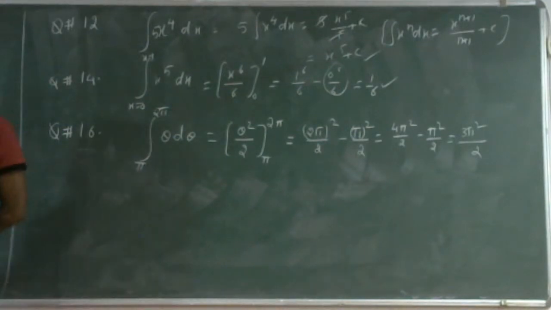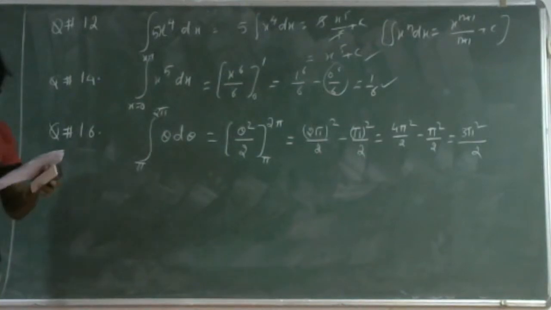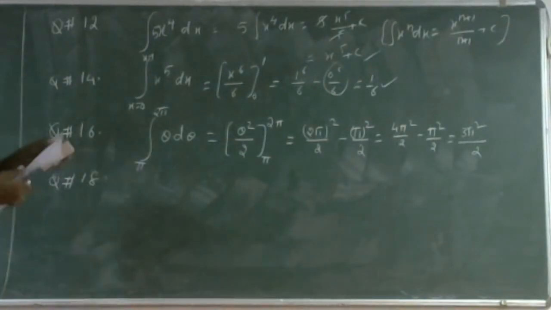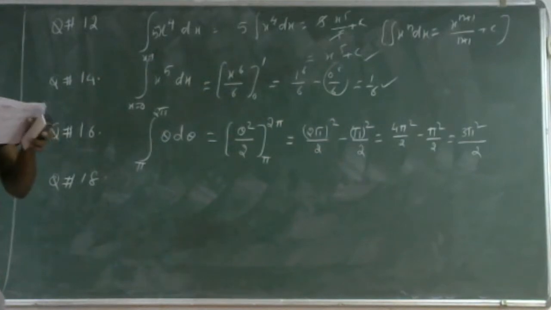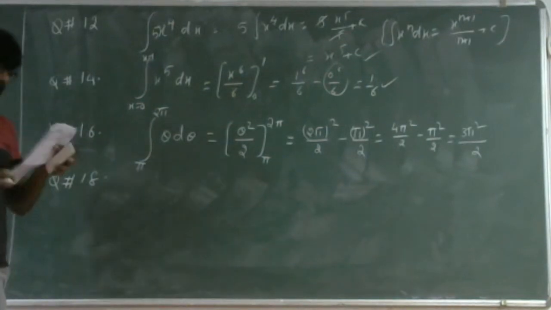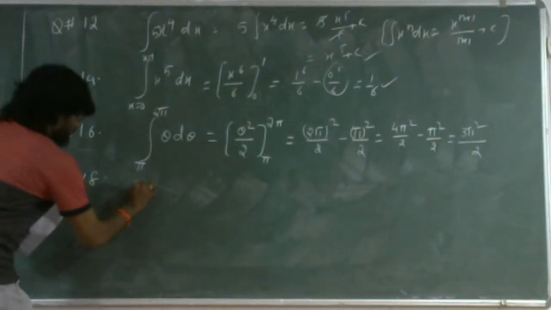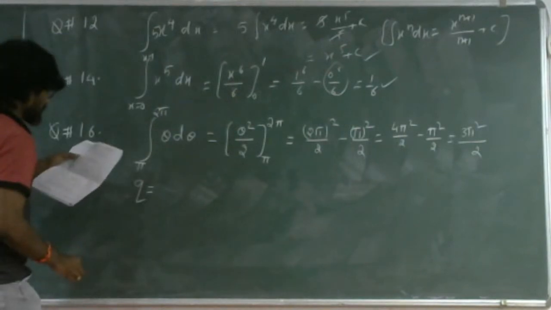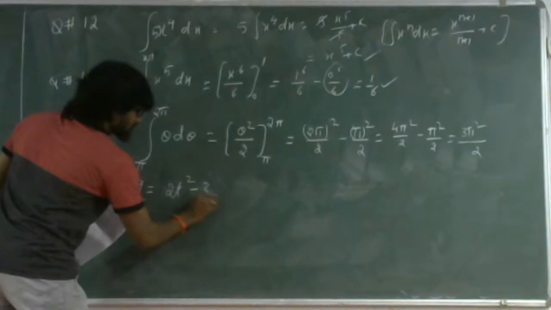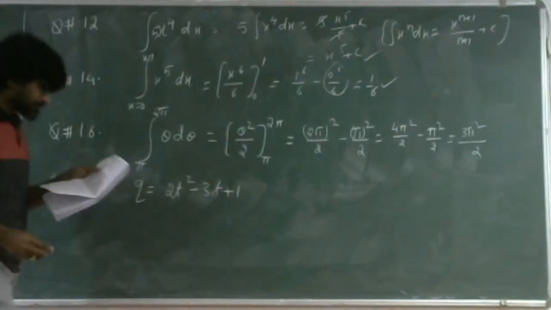Yes, finished. Next, question number 18. It is given that charge flowing through a conductor beginning at t equal to 0 is given by the formula Q is equal to 2t square minus 3t plus 1 Coulomb.